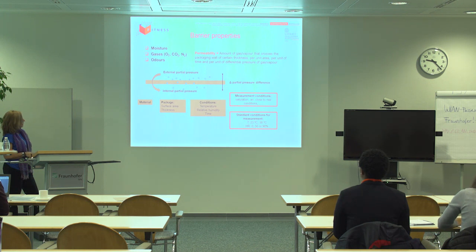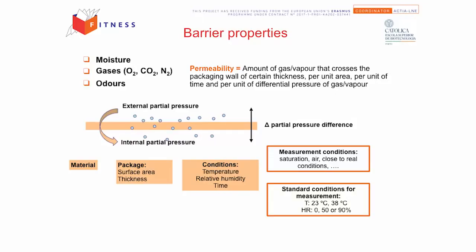So the measurement conditions regarding the partial pressure difference between the external face of the material and the internal face of the material can be saturation, can be those that exist in the air, or can be close to the real conditions.